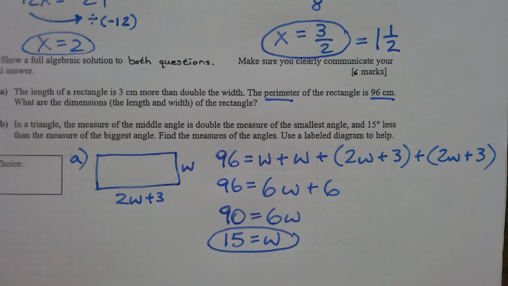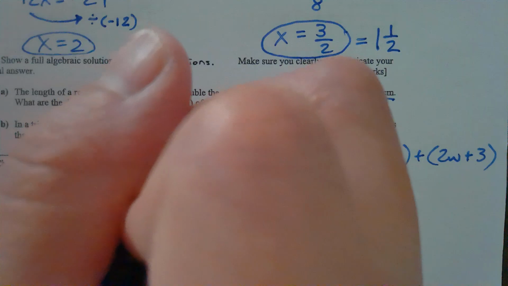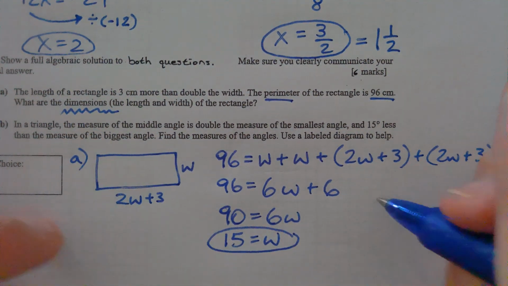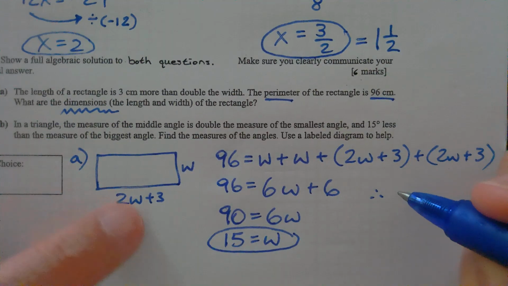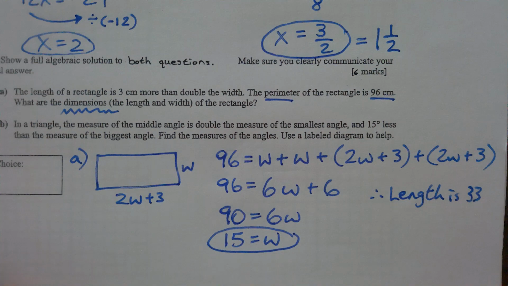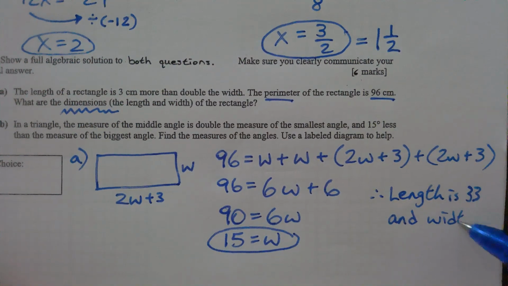What was the question asking me? Yeah. All right. The length and the width. I have to say what it is. So, Brian, what is it? Yeah. So length is 33, and width is 15.